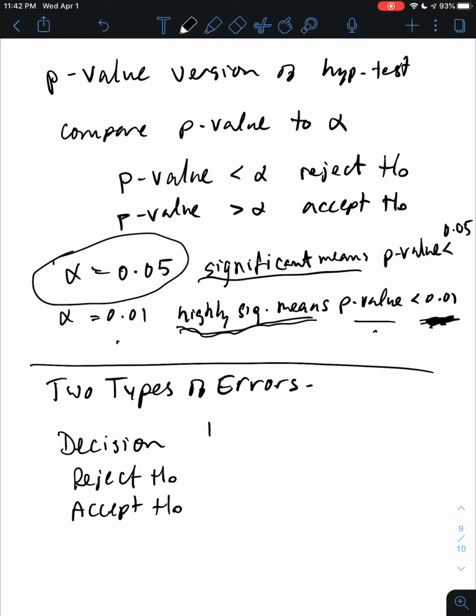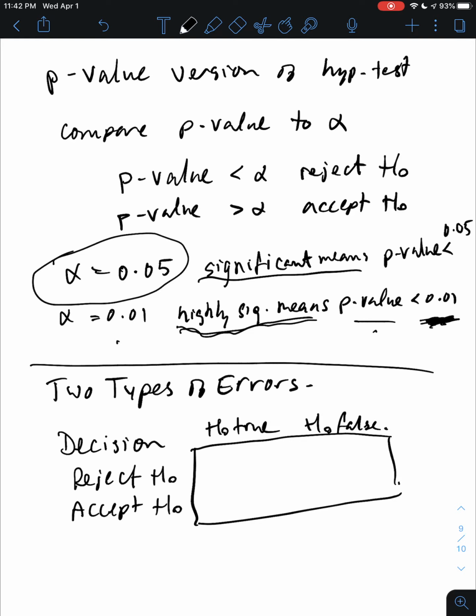But it may be true or it may be false. And so if we accept a true null hypothesis, we've made a correct decision and everything's fine. And if we reject a false null hypothesis, we've also made a correct decision. And everything again is fine.